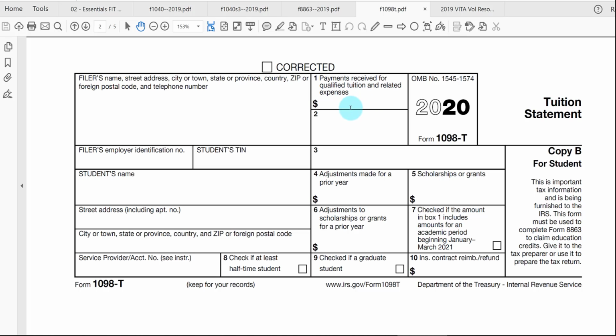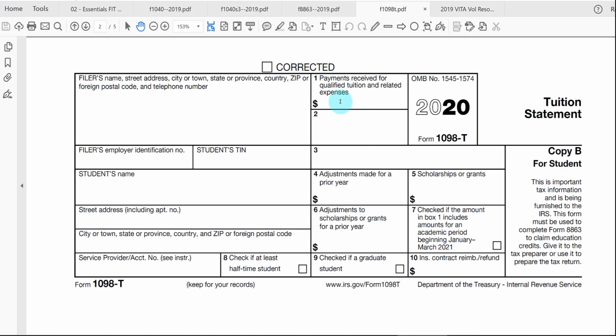So here would be the tuition in box 1, but you cannot get a double benefit by using your scholarship money, which is tax-free, and then using this cost here. Here in box 5 would be the amount of scholarships and grants used by the college to pay off things like the tuition, maybe textbooks, possibly even room and board.